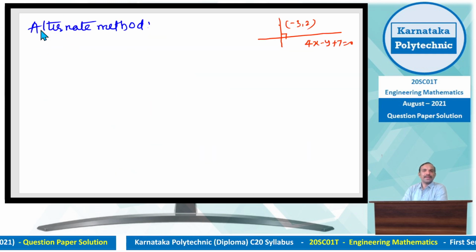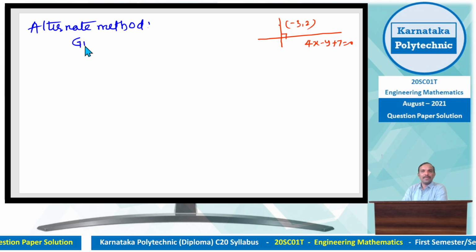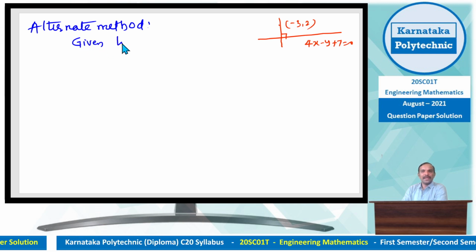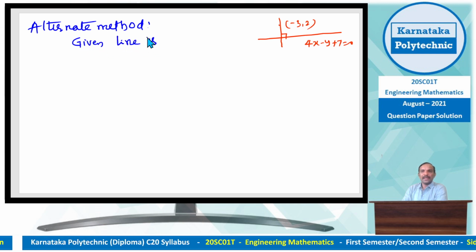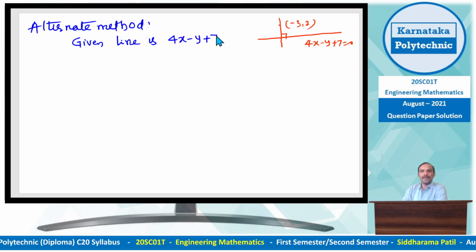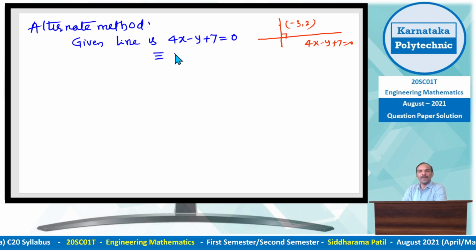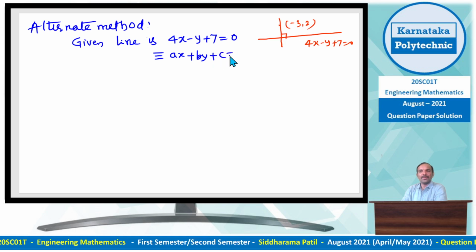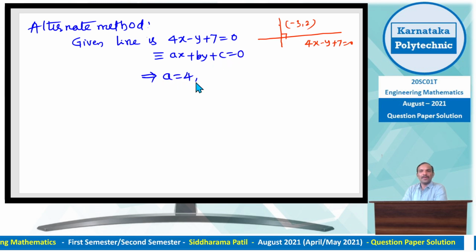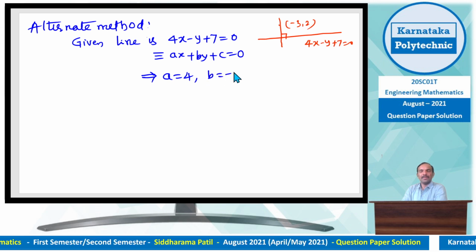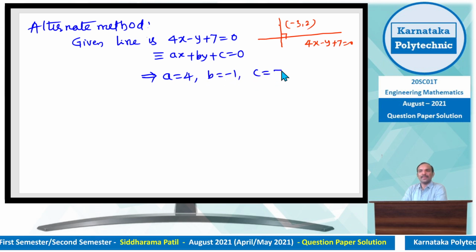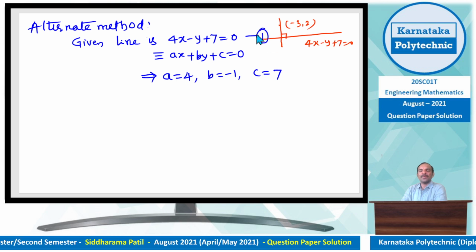Now the given line is 4x minus y plus 7 equal to 0. It is in the form of ax plus by plus c equal to 0. A value is 4, b value is minus 1, c value is 7. It is equation number 1.